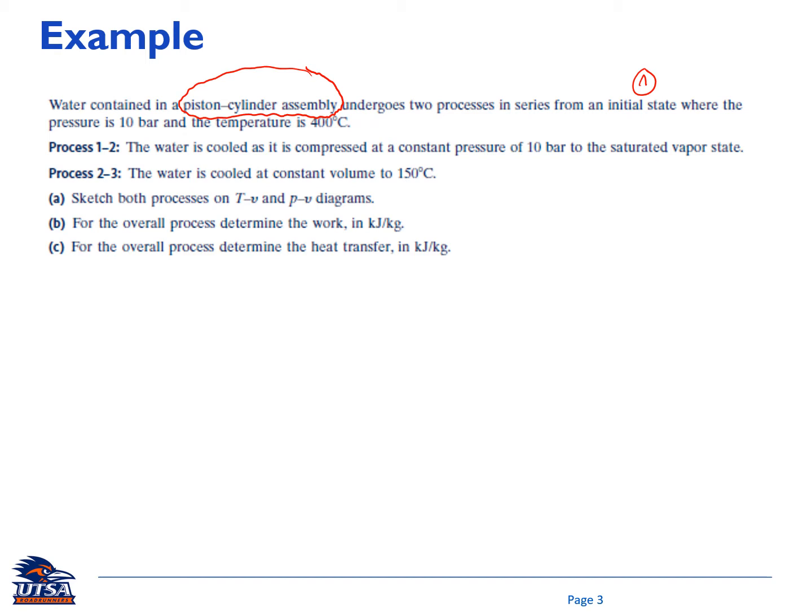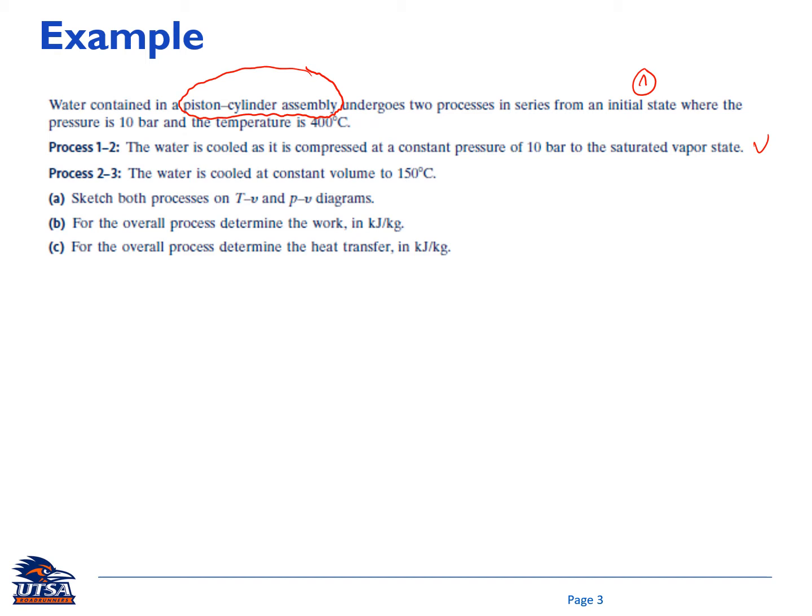Okay, and then two processes in series. Process from state 1 to state 2, the water is cooled as it is compressed at constant pressure to the saturated vapor. See here, there are two messages. The water is cooled, so it means there is a heat transfer from the system water to the surroundings. And the second message is it is compressed, so it means there is work done to the system.